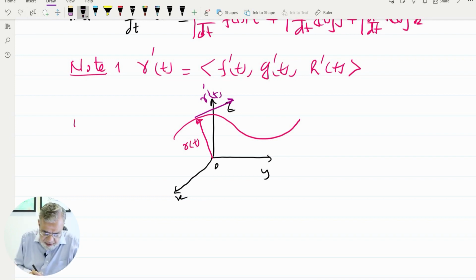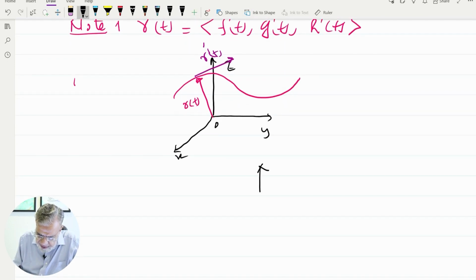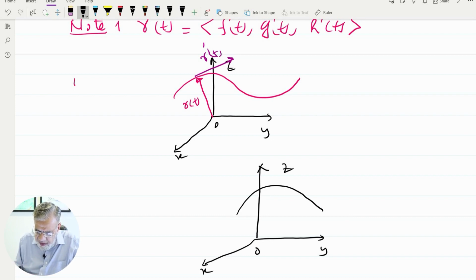I can define this further. I have here the z-axis, y-axis, x-axis, and the origin, and this is my curve. I make it a little better than this one. This is my curve, and this is my r of t.